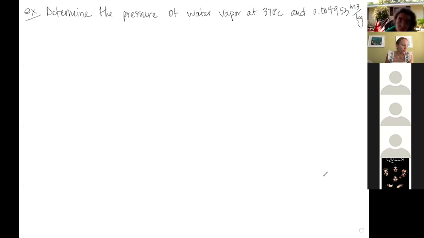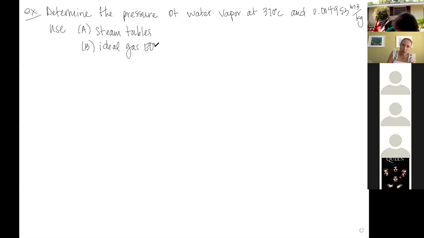All right, so we want to determine this using A, steam tables, B, the ideal gas equation of state, and C, the generalized compressibility chart.